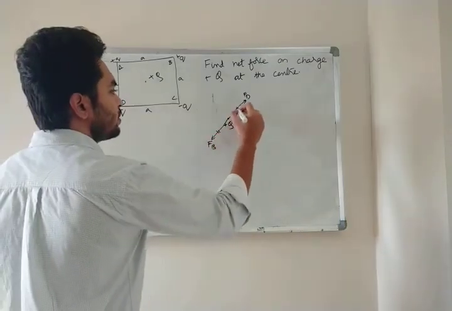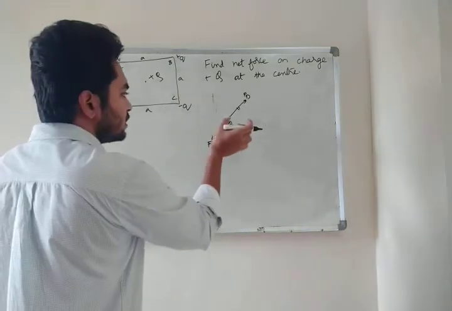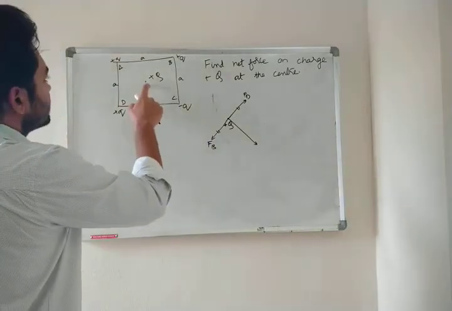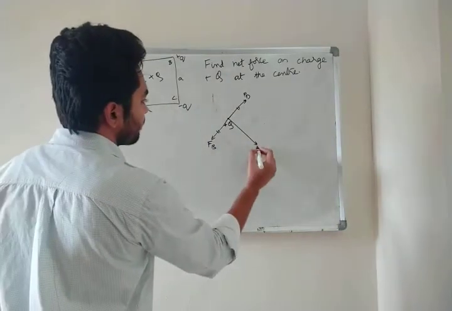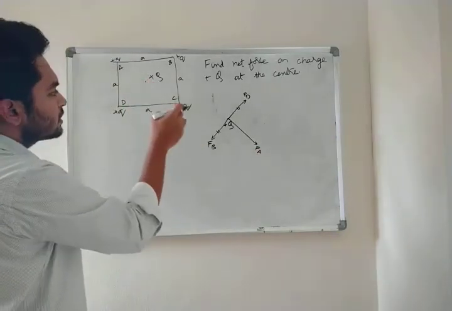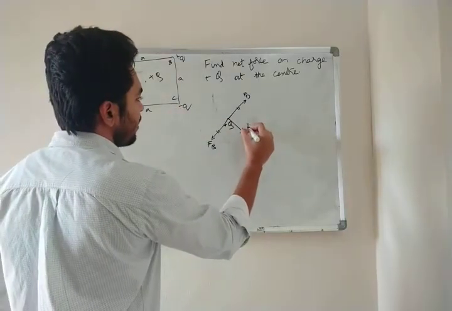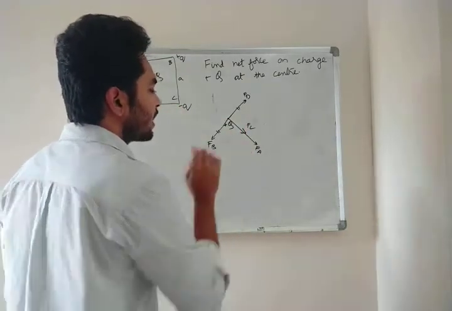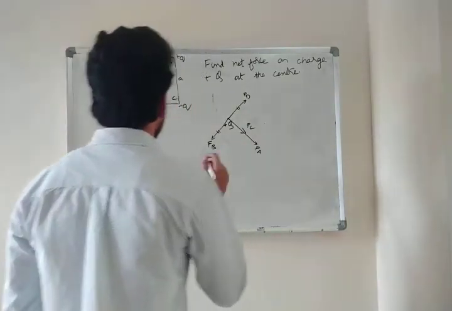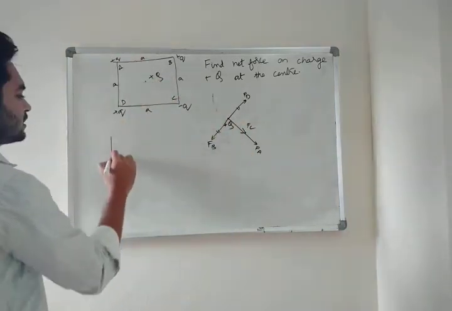So this we need not calculate. Now this is positive Q, and this is FA, and also this Q is getting attracted to negative Q, so this is FC. So we need to calculate this. Now we need the distance of this. So we know the distance of our diagonals.